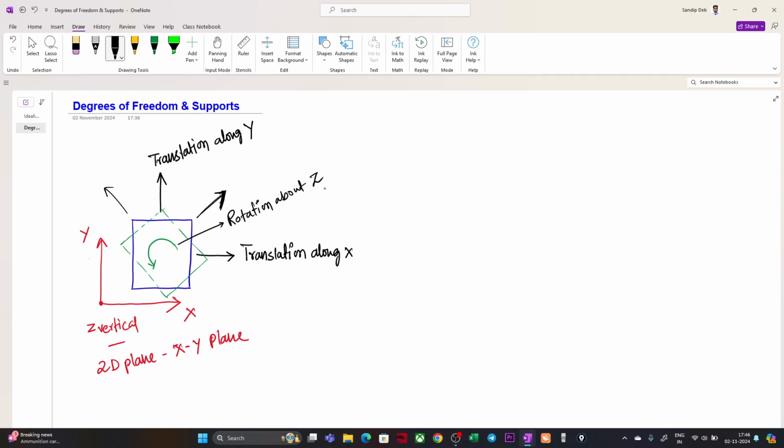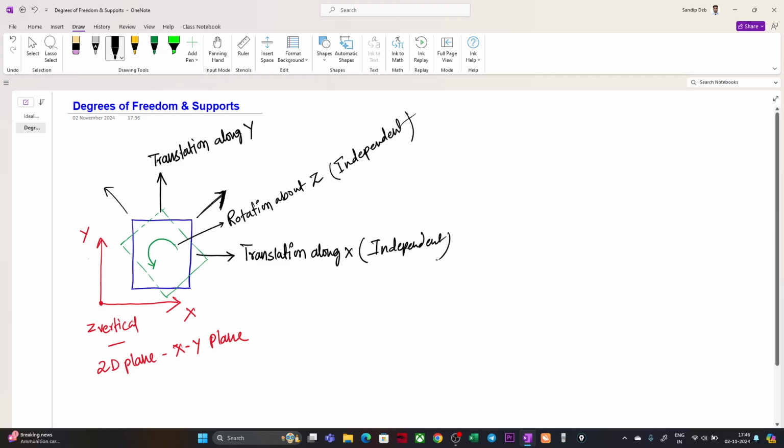When you say rotation about z axis, you do not need x or y, so this is independent. When you say translation along x, it doesn't require z or y, so it is also an independent coordinate.